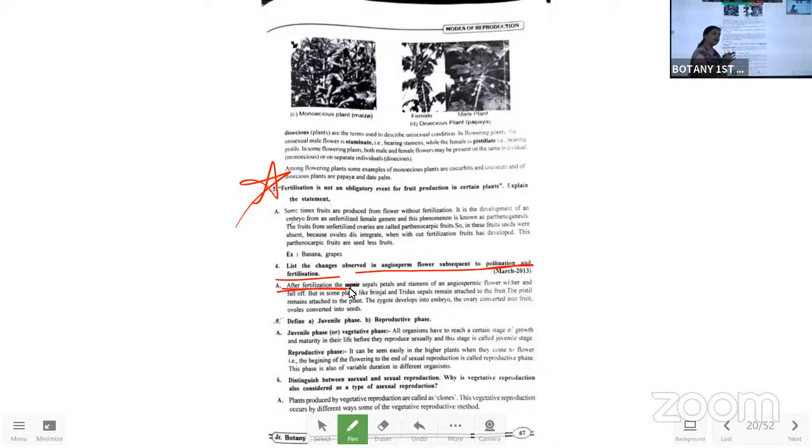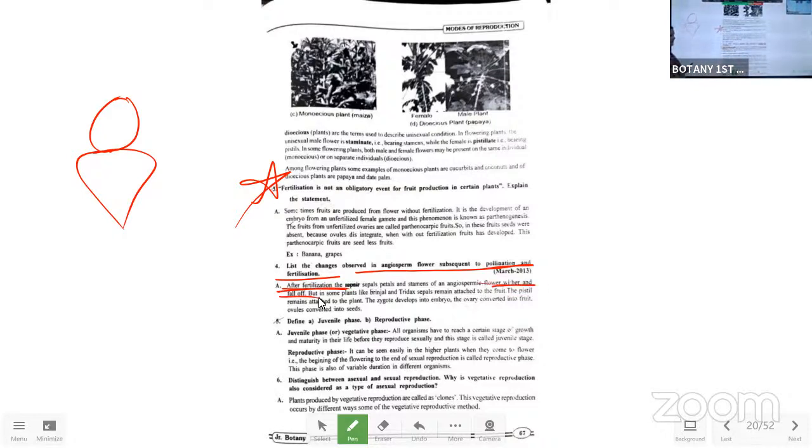And the style and the stigmatic lobes of the female part, that is the gynoecium, will wither off. Only the thalamus and the ovary will be present on the flower. Thalamus and the ovary after the fertilization. Style, stigmatic lobes, filaments, anther lobes, petals and sepals, everything will wither off. Wither off means fall off from the plant body.